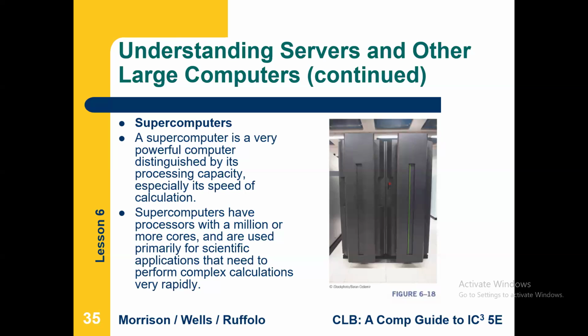So whatever your mainframe computer is doing, the supercomputer can also do the same thing. But for a server, it will be advisable to go in for a mainframe. Don't go in for a supercomputer. It's just a waste of money. Thank you.